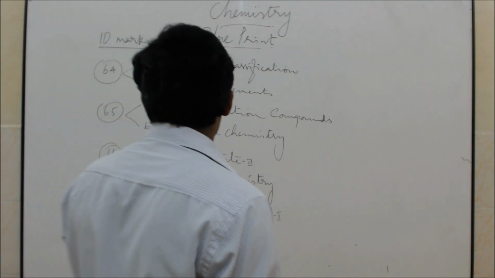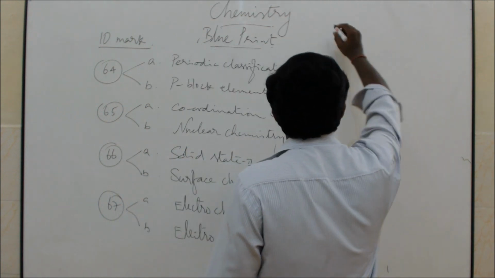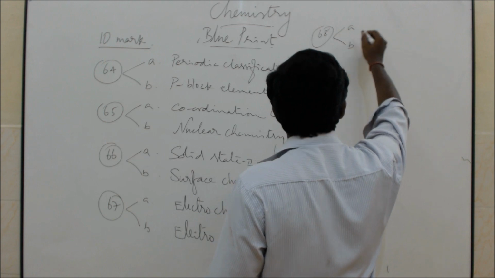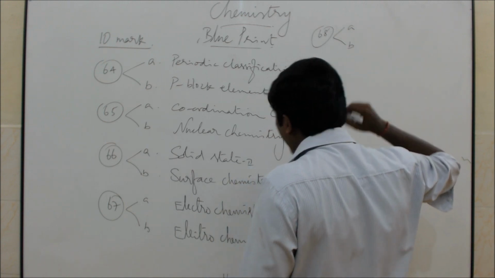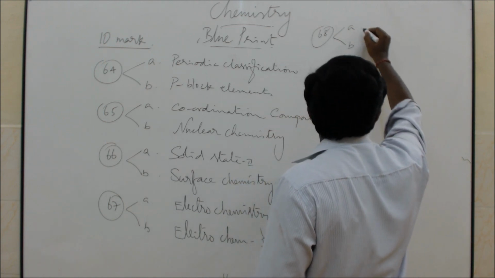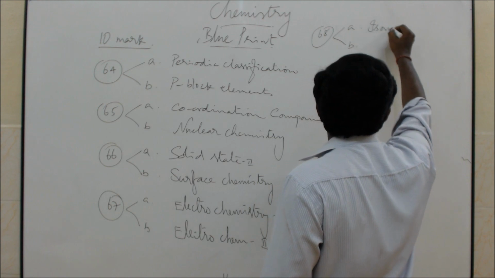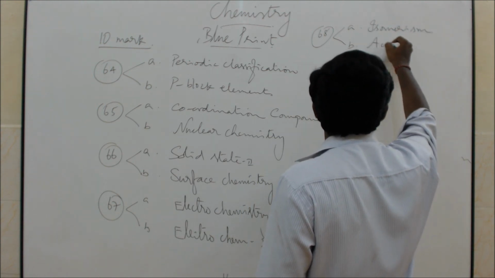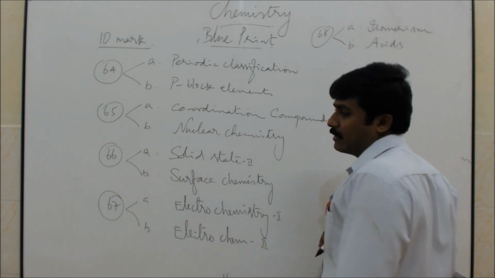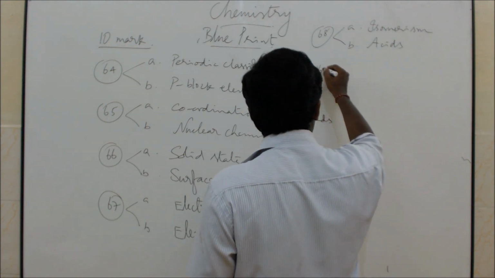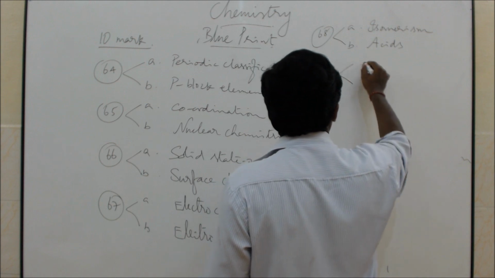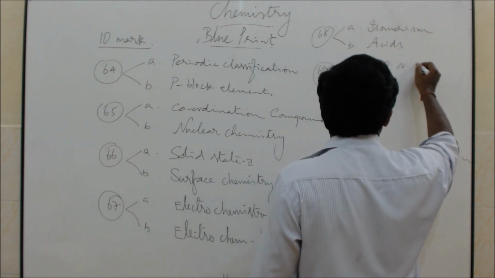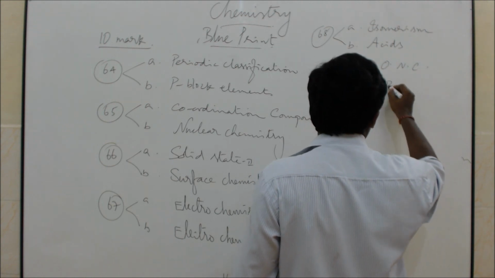Then question number 68, A and B. A goes to isomerism, B for carboxylic acids. Then question number 69, A and B. A goes to organic nitrogen compounds, B goes to biomolecules.